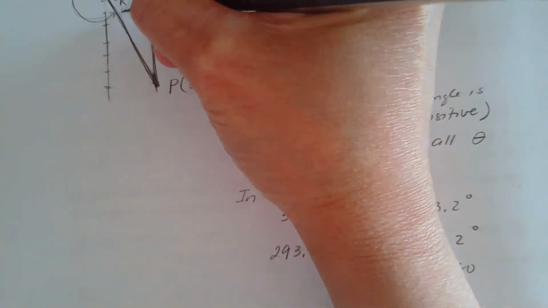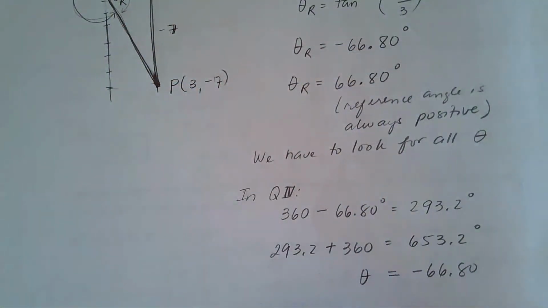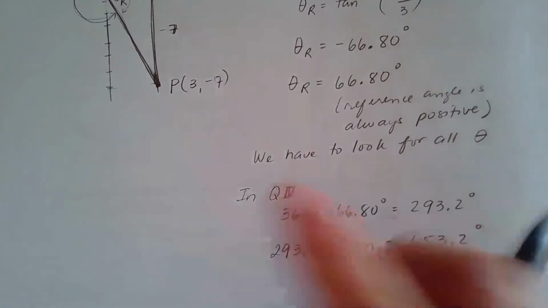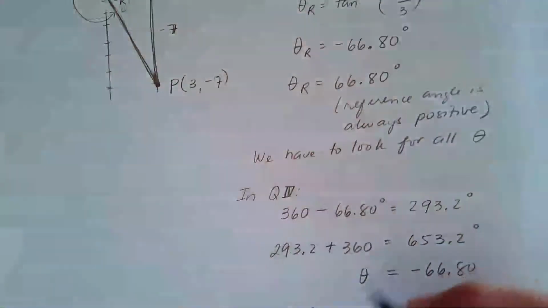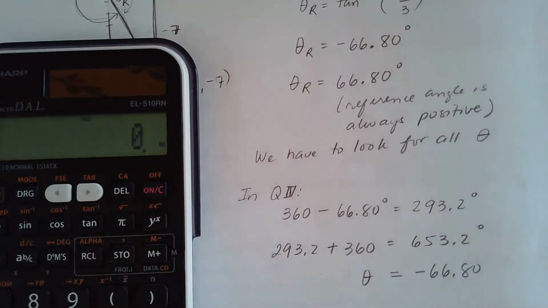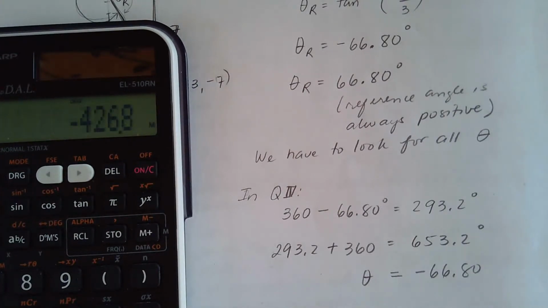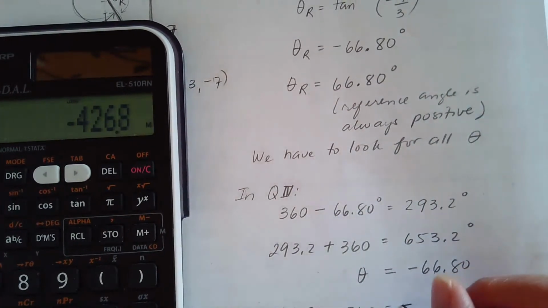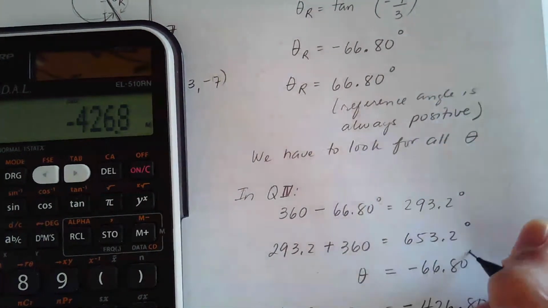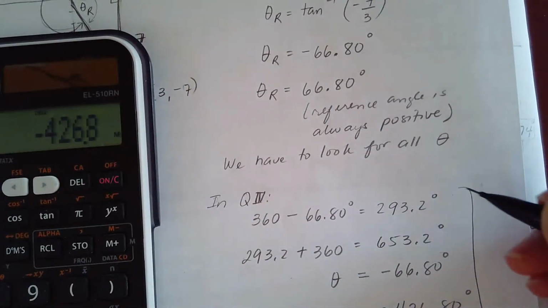So going this way, negative 66.80, and then going around more by 360 degrees, we're going to get a negative 426.80 degrees. So these are our 4 solutions.